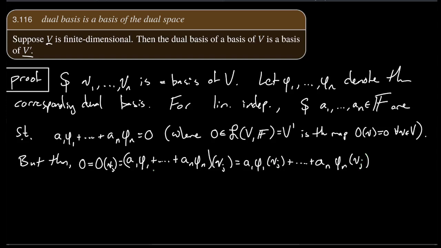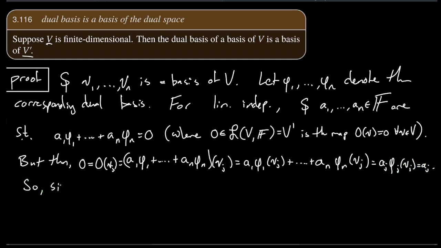That is, if you take the sum of linear functionals and you evaluate it at something, then that is the sum of the evaluations. That's how it's defined, right? Okay, but hey, all of these are 0 except for one of them, which is 1. We get aj phi j of vj, which is just aj.